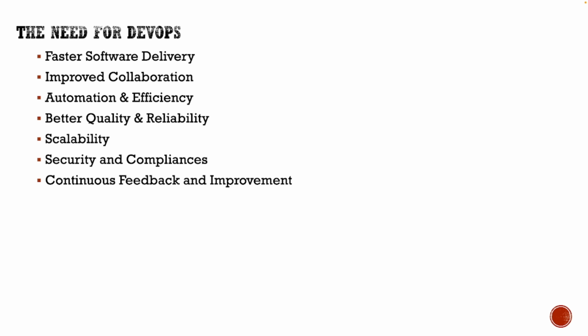Okay, so we are going to see many tools here for security and compliance. And the next one would be continuous feedback and improvement. Continuous feedback and improvement comes from monitoring and observability. So we'll have several tools with which we can detect issues, optimize performance, and enhance the user experience. Okay, so this is what it is.